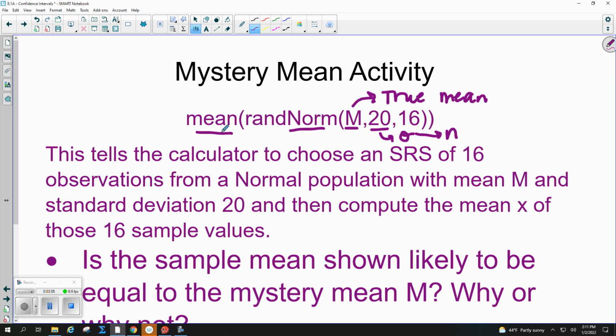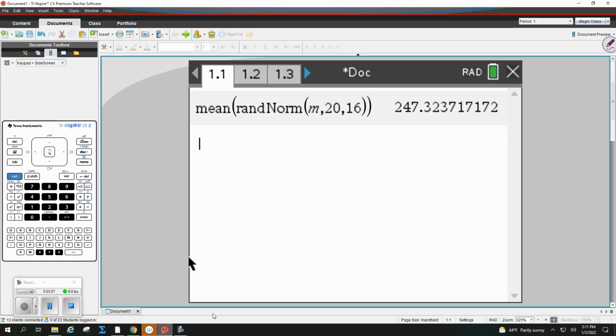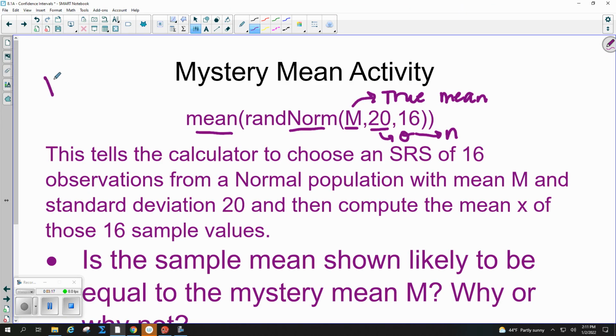Let's see what we get on the calculator. So we get 247.3 for our sample. So x bar is 247.3. Again, this is the average of 16 numbers, where the mean is some number we don't know, and the standard deviation is 20 from the population.